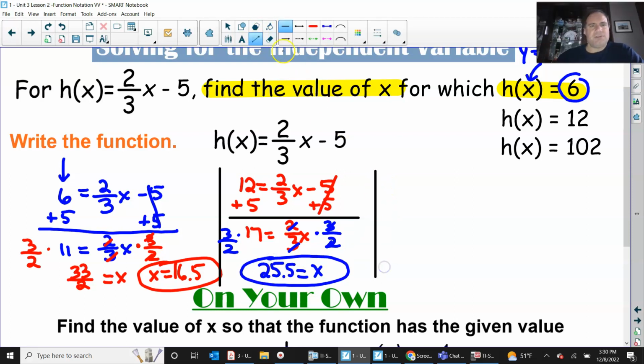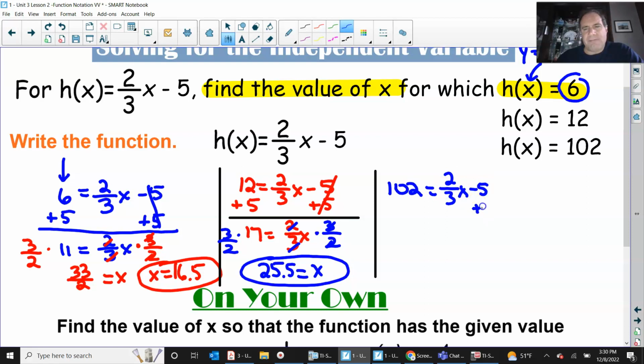One more, 102. So I'm going to substitute 102 in for h of x. 2 over 3x minus 5. I am going to add 5 on both sides. This cancels. Plus 5, this is 107 equals 2 over 3x. I'm going to multiply by the reciprocal of 2 over 3, which is 3 over 2.